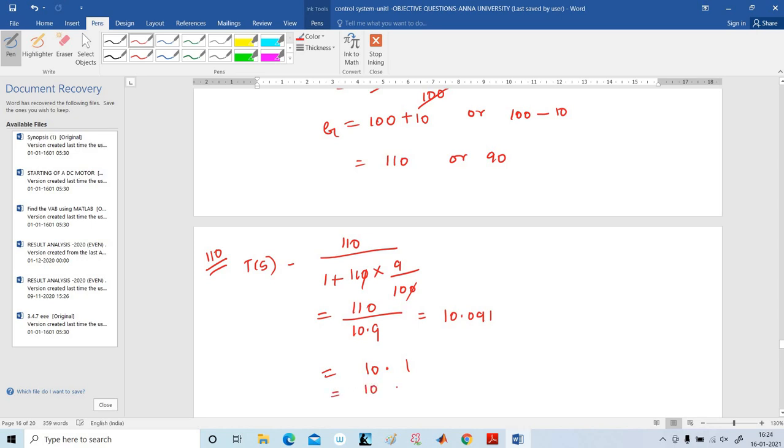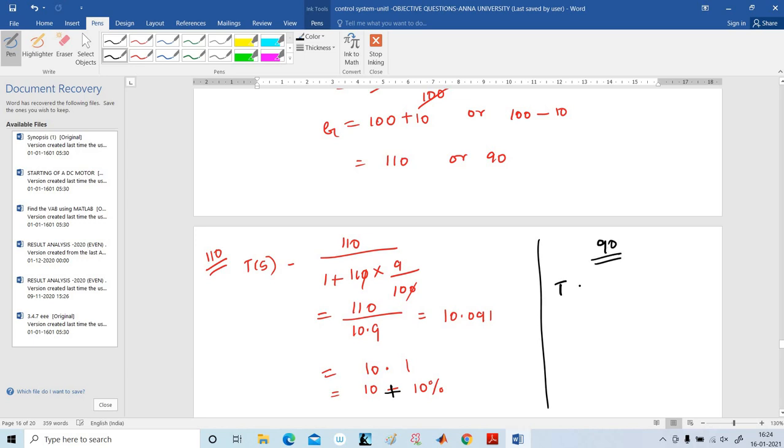So 10 plus 10%. Can we write like this? 10 plus 10%. Okay, not plus or minus, 10 plus 10%. Okay, I have to rub it.